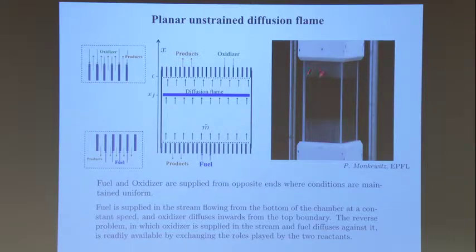The oxidizer was introduced through approximately 800 to 900 needles that were put in at exact distance from each other, separated very exact distance between one and another, in order to provide, of course, uniformity. And so the fuel is coming from the bottom, whether from needle or not, it's not important.